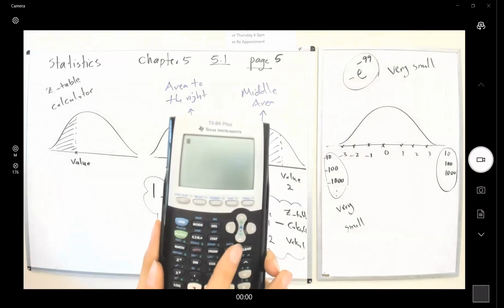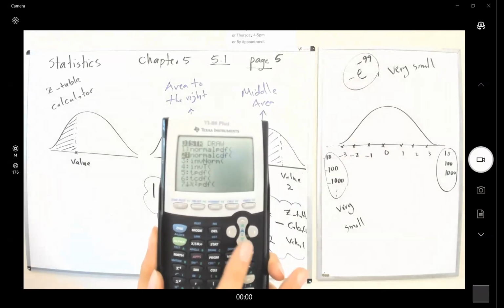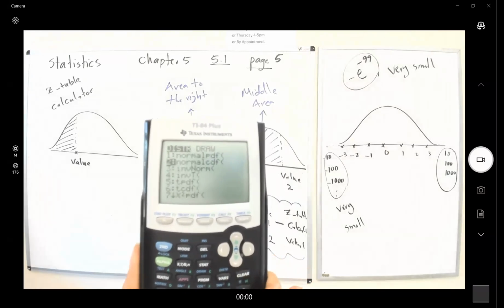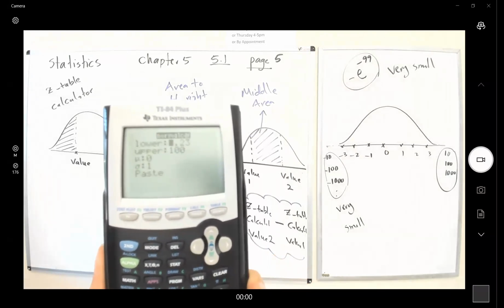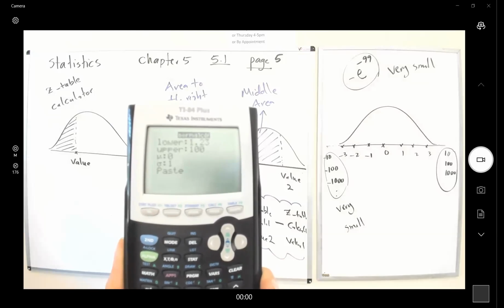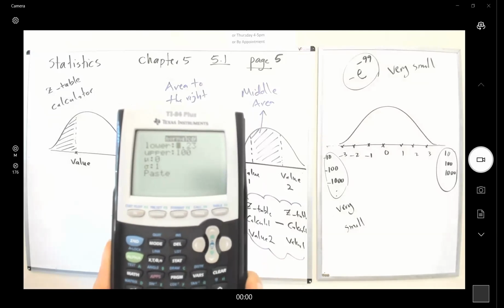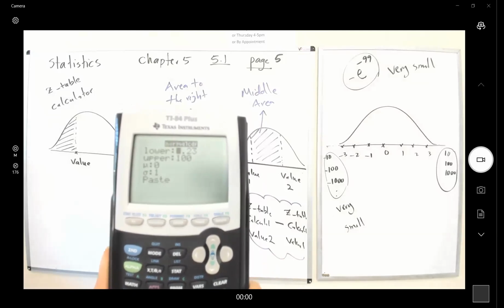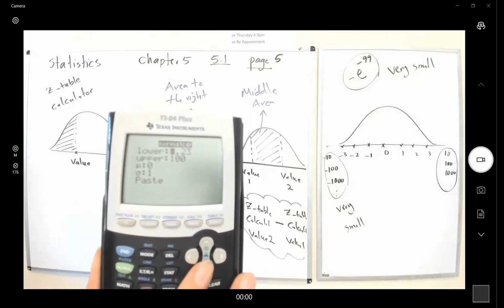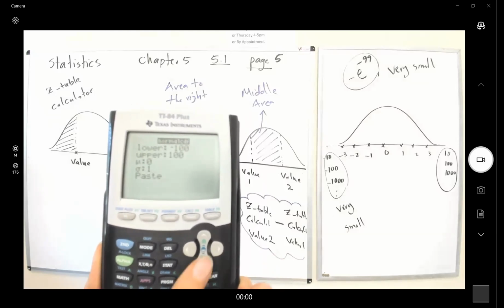Second VARS, normal CDF, enter. First I'm going to calculate for 1.23. 1.23 is my upper limit, so I'm going to use negative 100 as the lower limit.